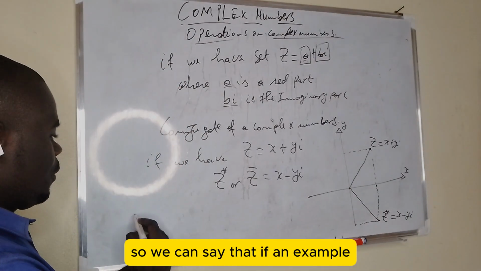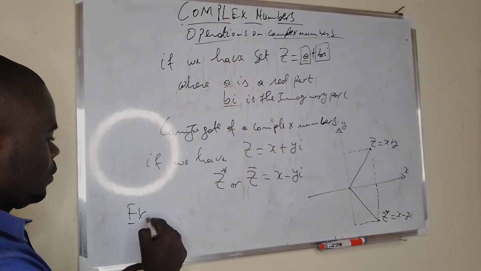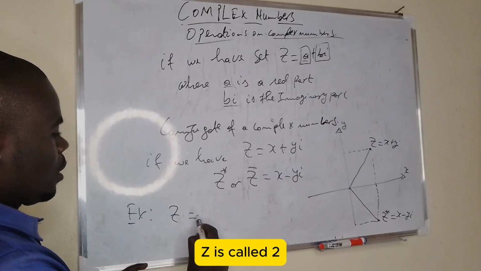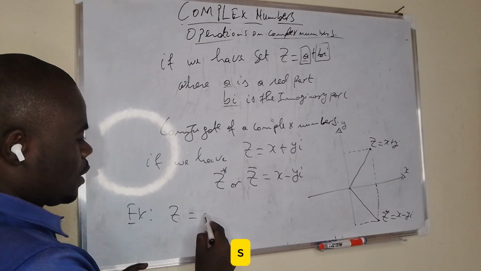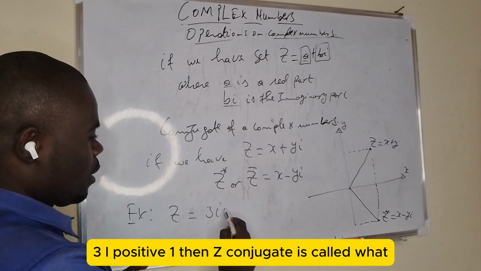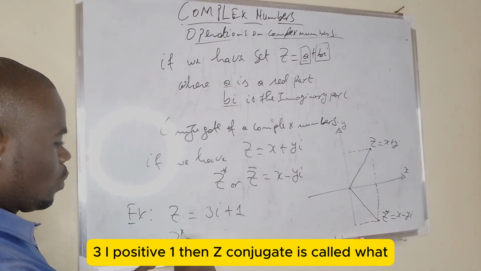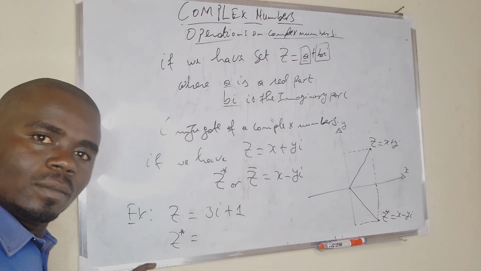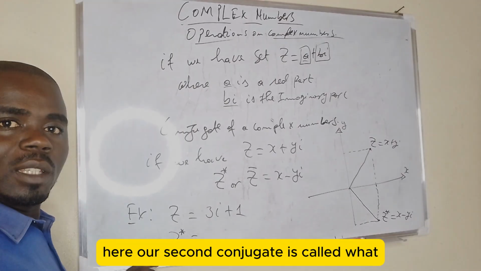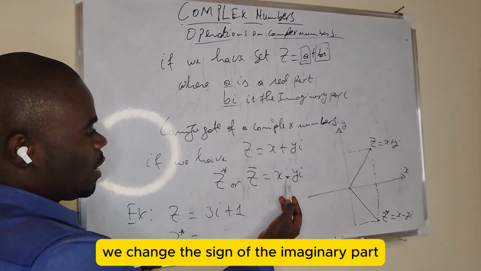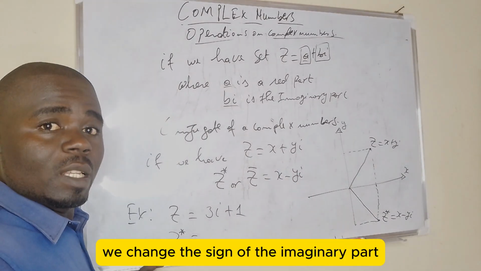So as an example, if Z is equal to 1 plus 3I, then Z conjugate is equal to what? As we have seen, we change the sign of the imaginary part.